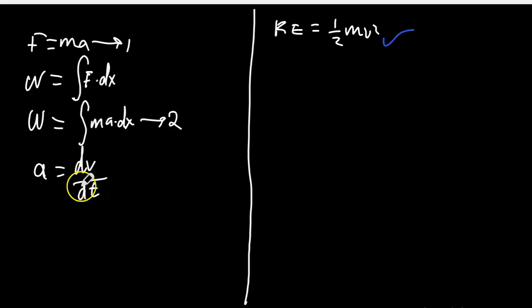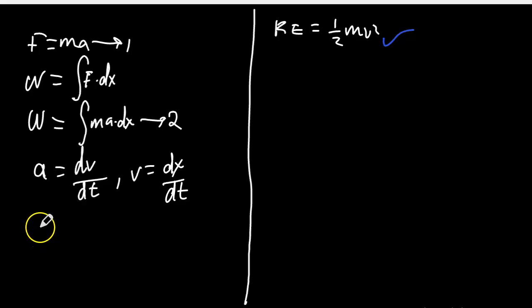And if acceleration is dv/dt, what exactly is v? v is equal to dx/dt. Now we have to apply the chain rule in order to integrate this.